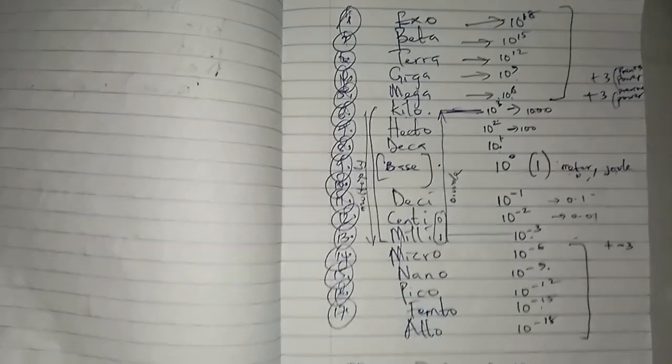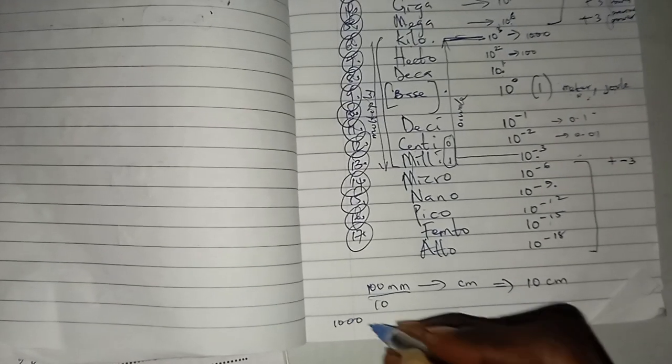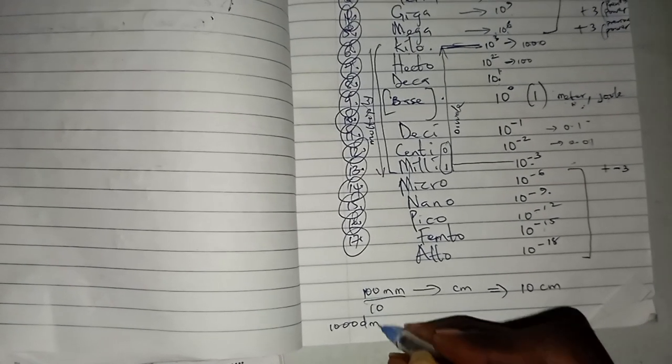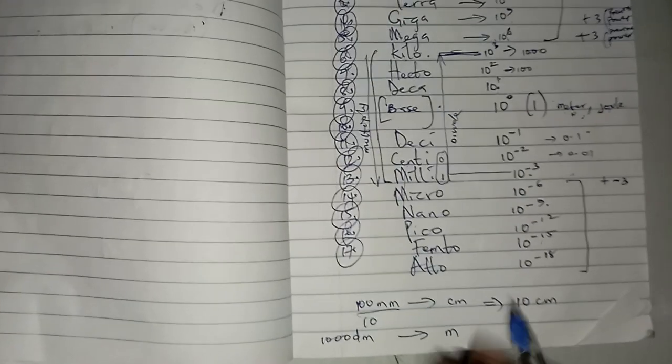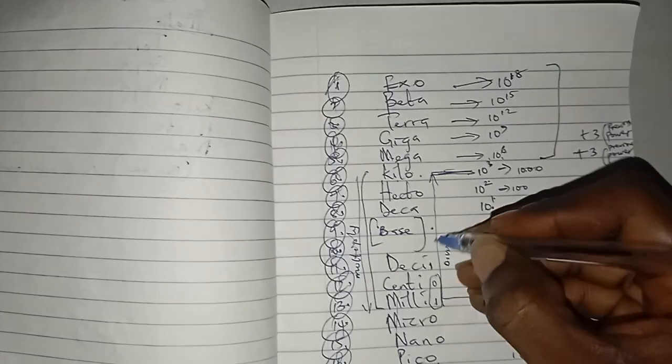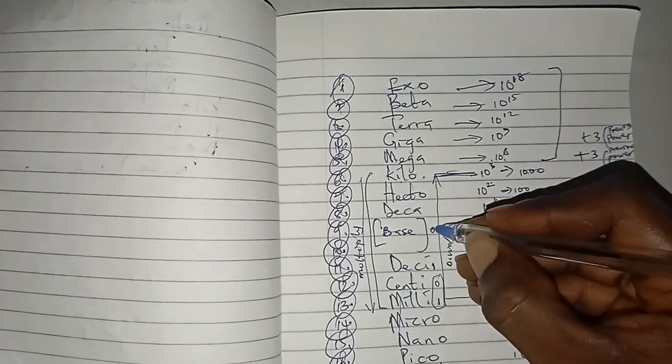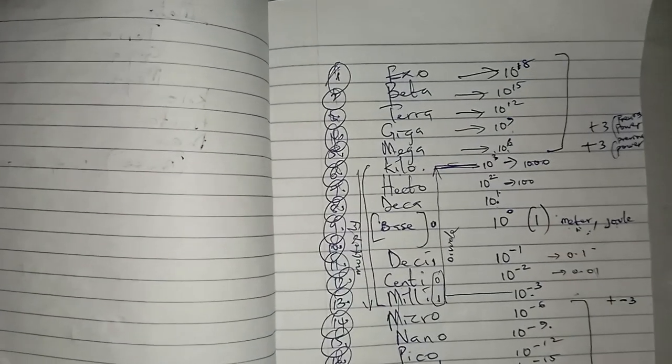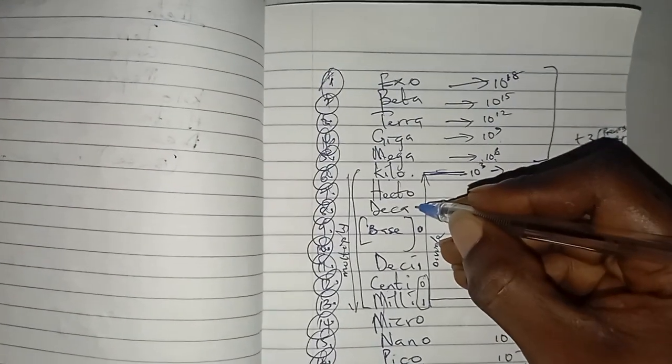If, for example, I have 1000 decimeter and I want to convert it to meter, I'll come and say this is decimeter. Call that part 1. Then notice this is the base, 0. Okay, let's say I want to convert to kilometer so that I will have that time to show you where.